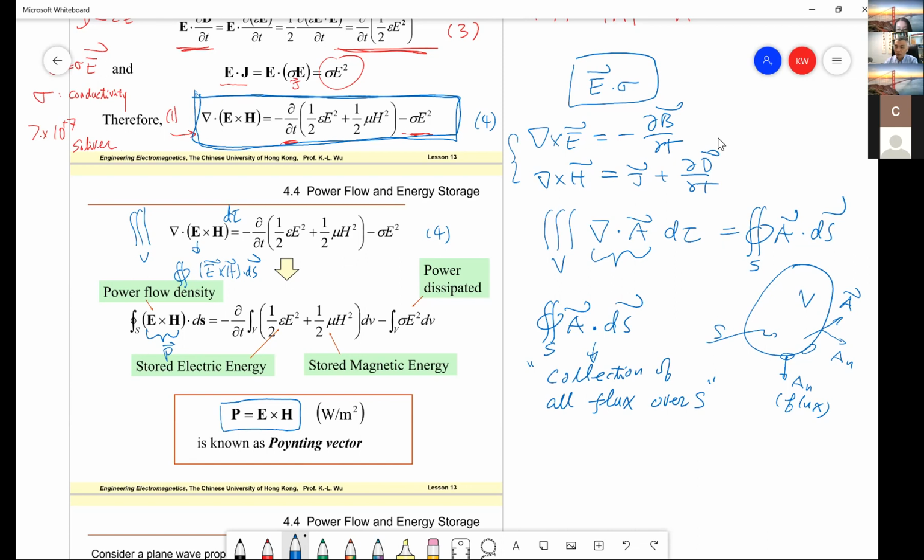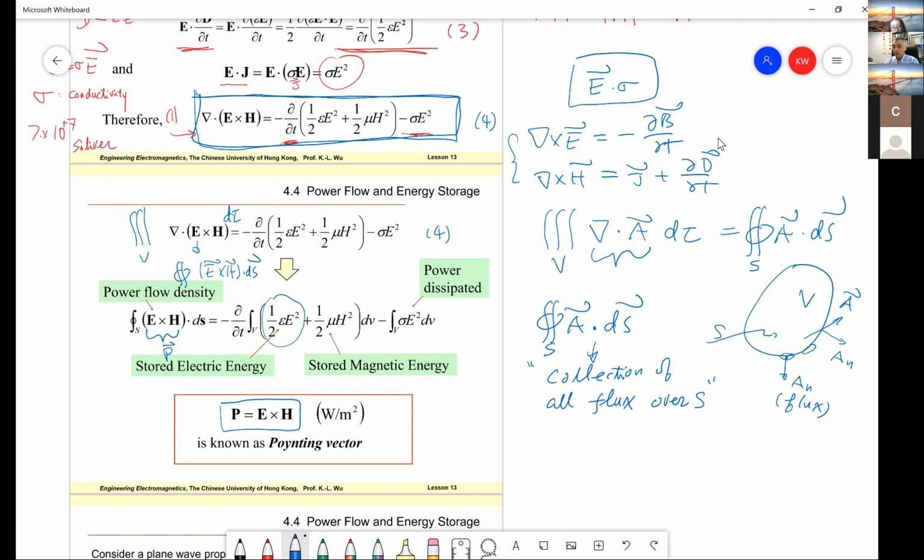On the right-hand side, we do the volume integration. Inside the integral, the first term is nothing but the stored electric field energy, related to the electric field E. The second term is related to the stored magnetic energy.